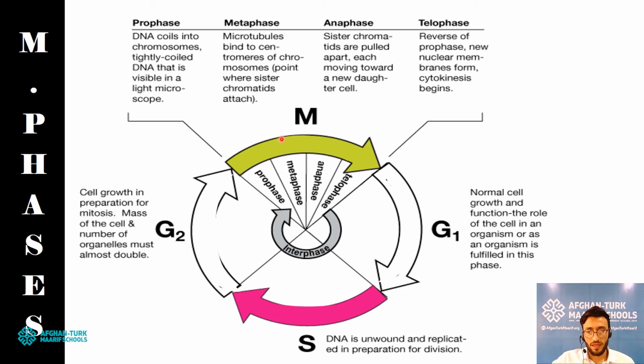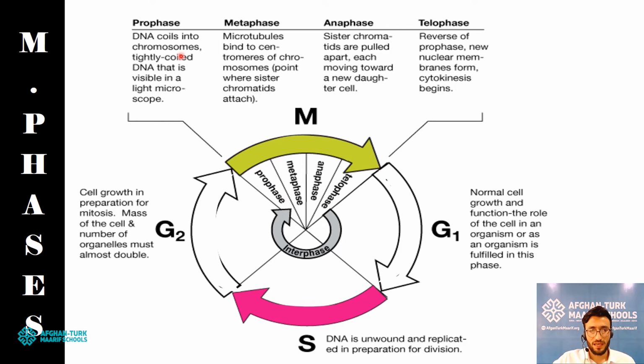Before entering the M phase, the cell checks for any kind of damage and repairs it. When the cell enters the M phase, it is divided into some sub-steps that you should be familiar with properly. It starts from prophase.